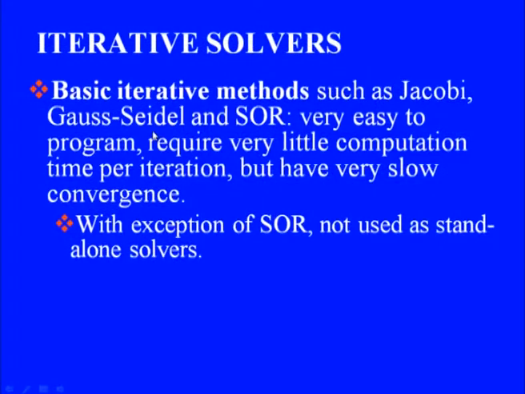And because of slow convergence, with the exception of SOR, Gauss-Seidel and Jacobi, these two methods or their variants, are not used as stand-alone solvers. By stand-alone solver we mean that they are used as an equation solver. So only SOR with an optimum value of what we call the over relaxation parameter is used in CFD codes. Jacobi and Gauss-Seidel we do not use as stand-alone solvers.